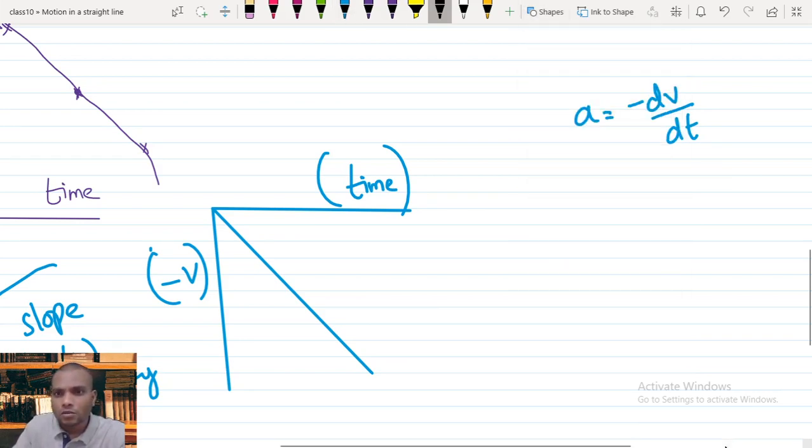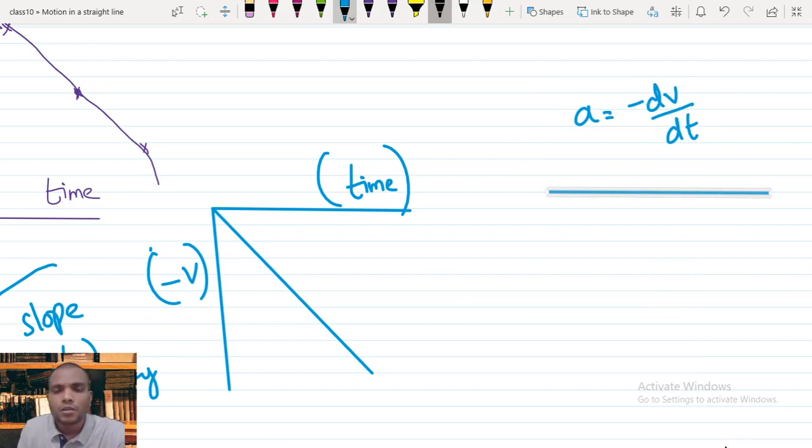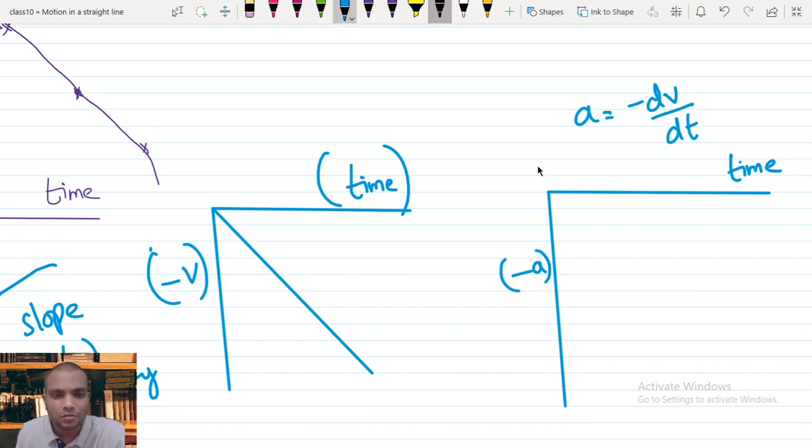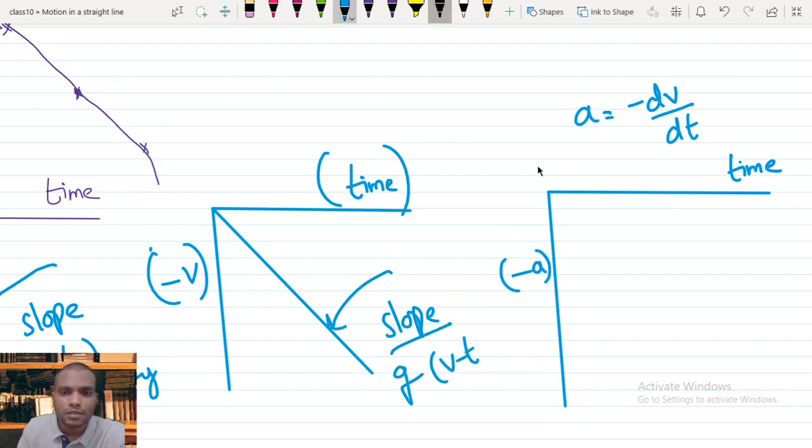If I plot the acceleration versus time graph, suppose this is time and this is acceleration, which is negative, we need to find the slope of the velocity versus time graph for an object falling from a certain height.